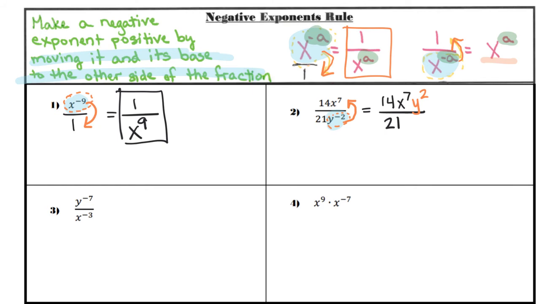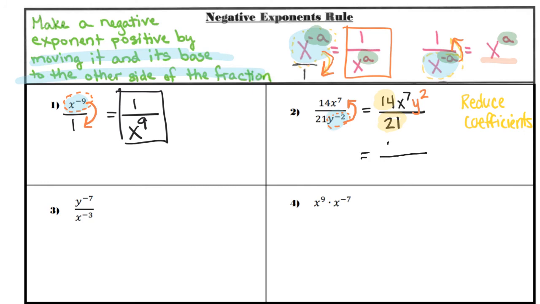Now from there, I'm looking at this as a final answer, and I think I can do just a little bit more. I can actually reduce my coefficients. Did you notice the coefficient, the 14 and the 21? Those are both divisible by 7. So I'm still going to have an answer with a fraction.